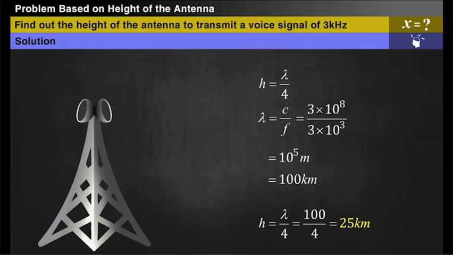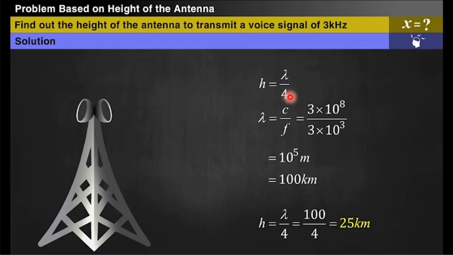Now let us solve a problem based on the height of the antenna. Find out the height of the antenna required to transmit a voice signal of frequency 3 kHz. We know that for effective transmission, the height of the antenna should be equal to lambda by 4.